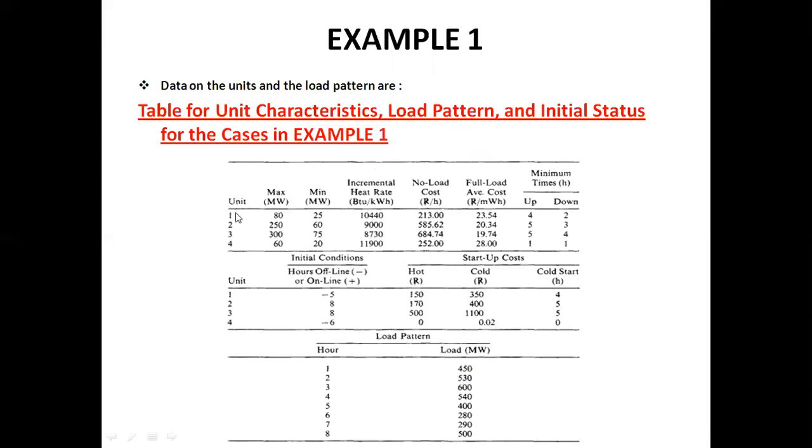So there are 4 units 1, 2, 3, 4, and their maximum capacities are given as 80, 250, 360 megawatts, and minimum are given as 25, 60, 75, and 20 megawatts.